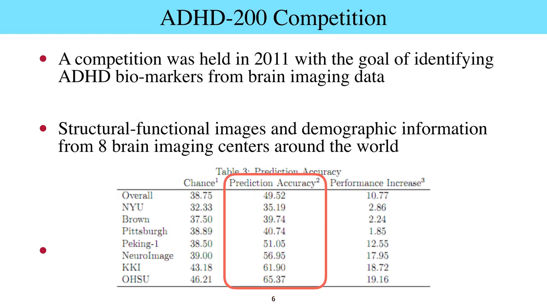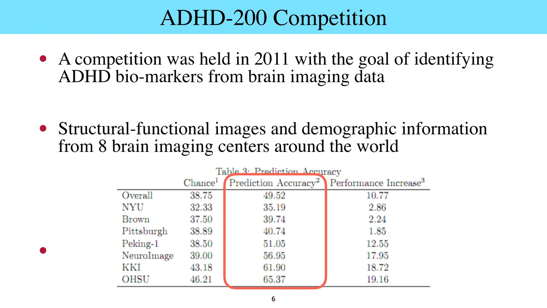Based on the importance of this problem, a competition was held in the year 2011 called the ADHD-200 Competition, in which the data was provided from a couple of brain imaging centers around the world, and researchers were invited to come up with machine learning algorithms in order to perform ADHD classification.